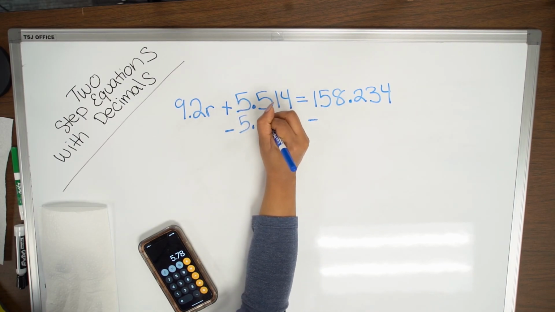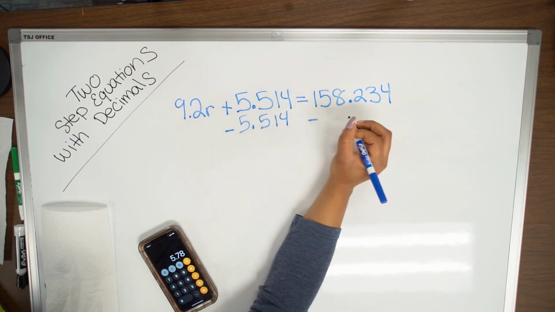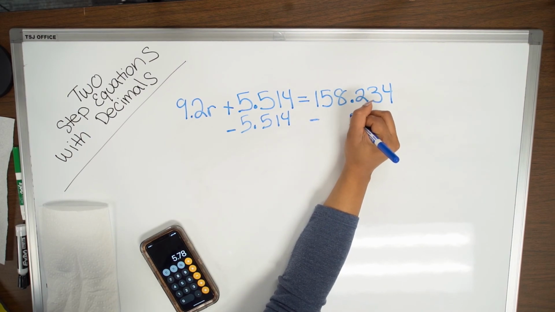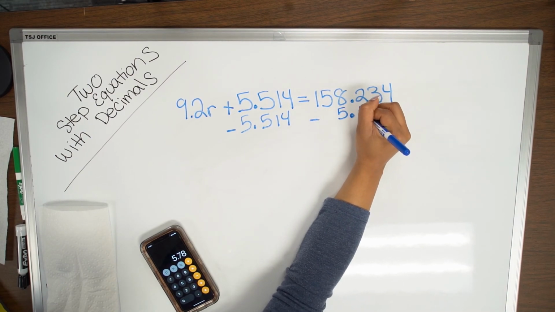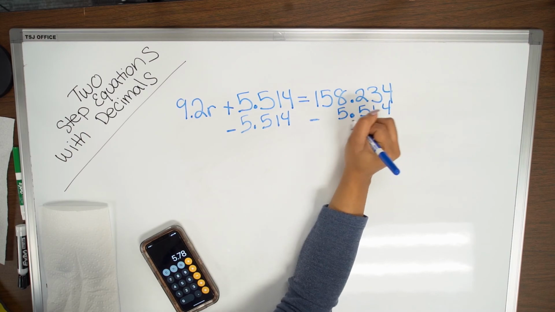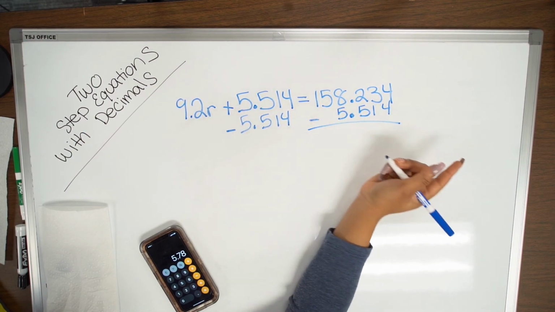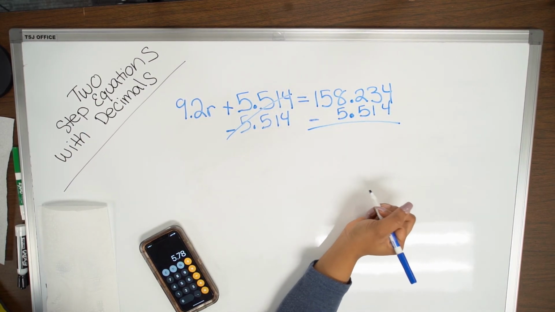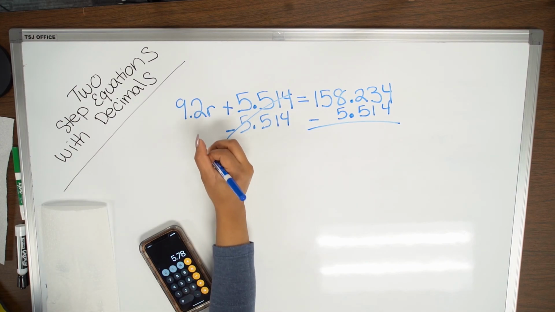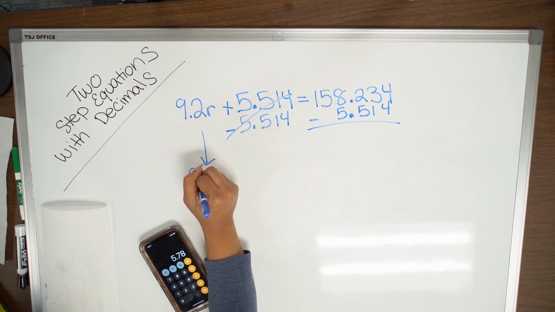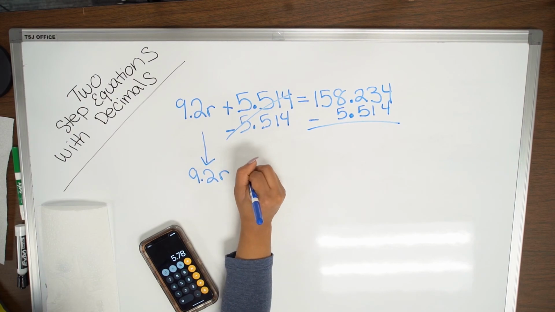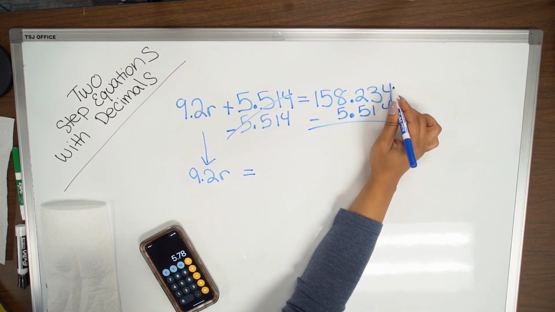And we're going to minus 5.514. Remember, line up the decimals. If you line up the decimals, you'll pretty much be good to go. So this cancels out. So then we have 9.2r equals, all right, let's figure this out.